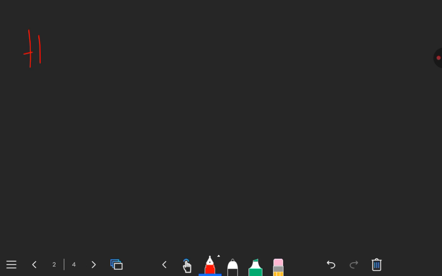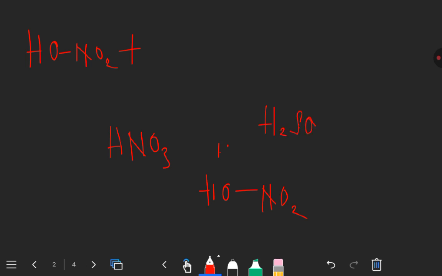So we are going to say nitric acid. When you have something like HNO3, you can also write it in this form: HO bonded to NO2, plus, when you have something like sulfuric acid, H2SO4, you can also write it as H bonded to OSO3H.